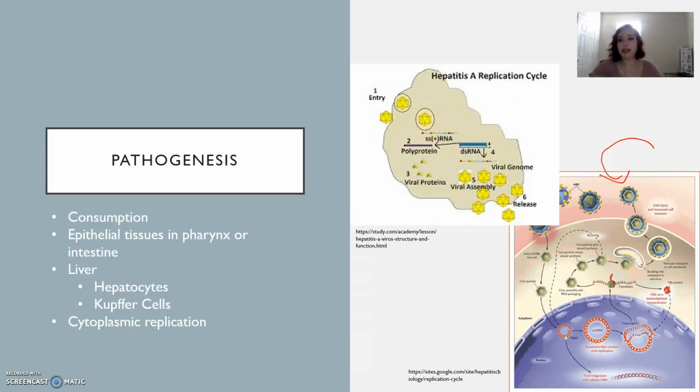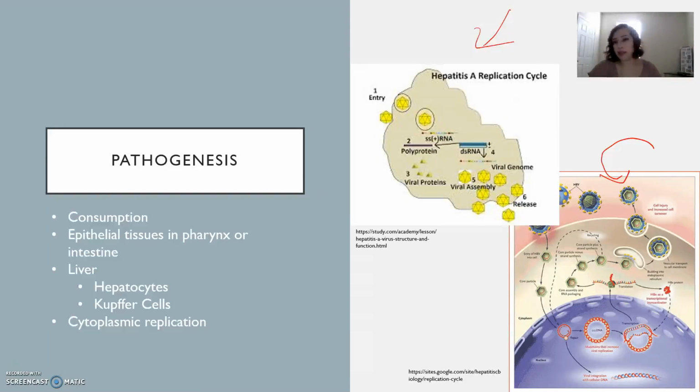This is hepatitis A. It's a little bit more complex. So I like this image here, that it shows once it's endocytosed, the single-stranded positive RNA goes into its double-stranded RNA, and then it's able to duplicate, and then it's released. And the reason it can do this is because the receptors of the hepatocytes match the hepatitis virus, and that is easily recognizable, so it easily replicates without having any problems.